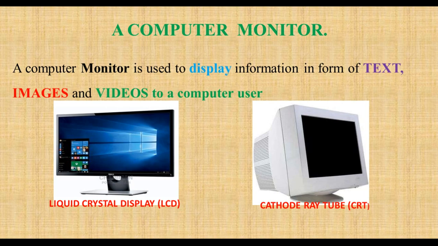And we have two types of monitors. One is the liquid crystal display, that is the LCD, and we also have the cathode ray tube, that is the CRT, which is the old technology that we have phased out.